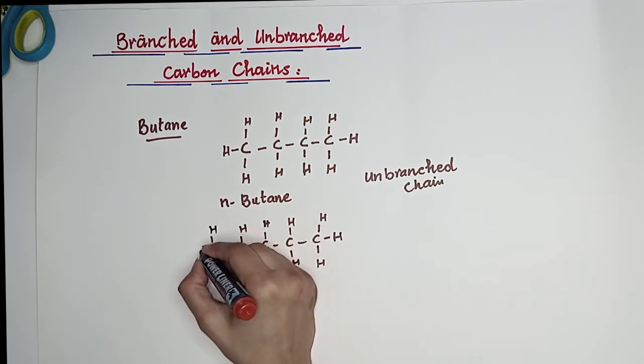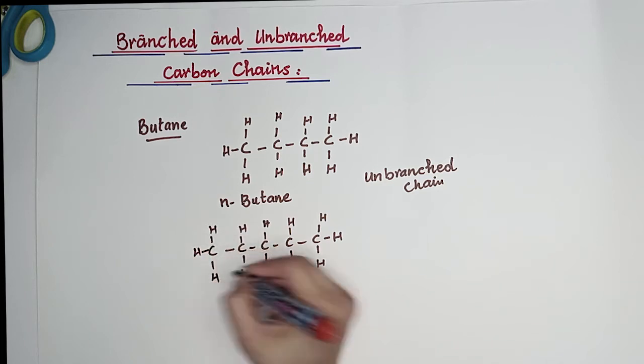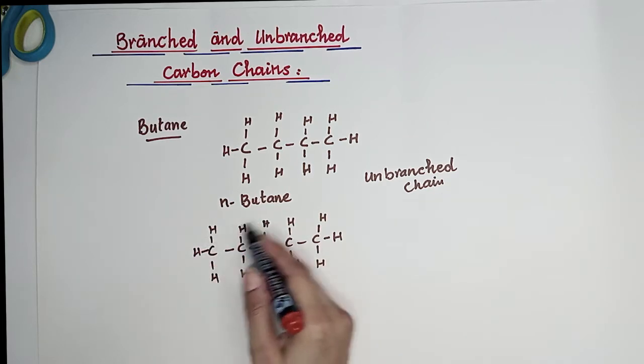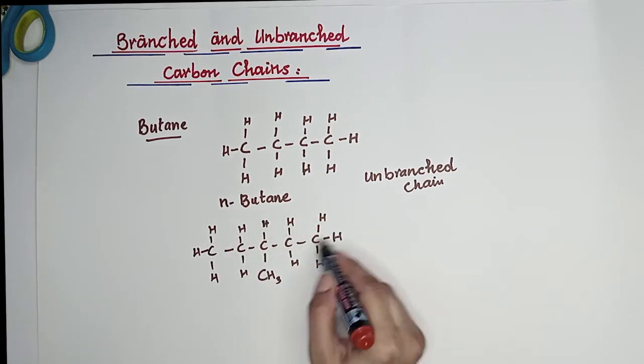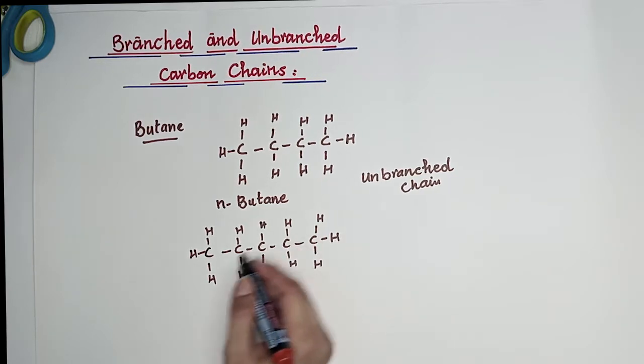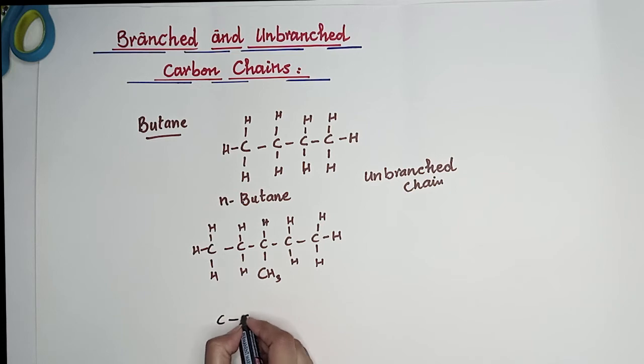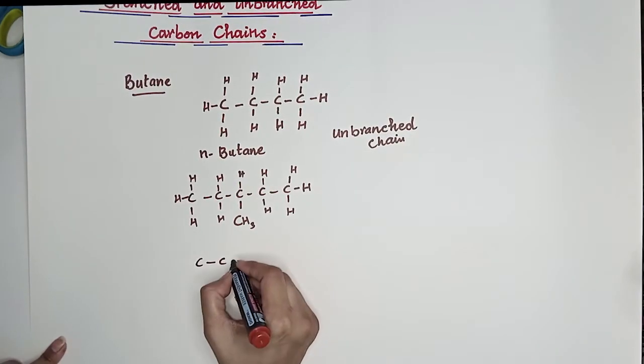This is the way where we get another carbon atom in the chain. So this one is the branch chain, when we have a carbon atom in another position. The position can be changed like this.